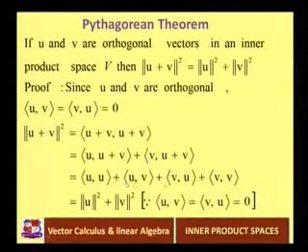This can be simplified: the inner product of u with u is the norm of u squared, plus the inner product of v with v, which is the norm of v squared, and the cross terms, the inner product of u and v and of v and u, are 0, because we are given that u and v are orthogonal and the inner product of orthogonal vectors is 0. So here we see how the Pythagorean theorem can be easily proved.